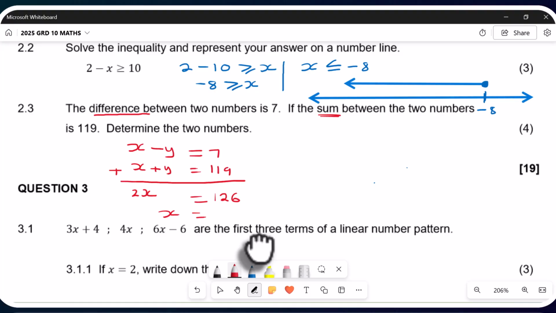That's all right. Okay, now these two cancel out. What do we do now here? 126 divided by 2. That's 63. Negative 41. So what do you suggest here?